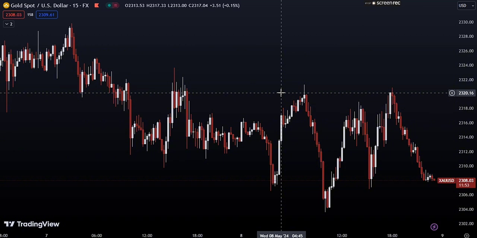What is the price about? What is the price used to do? What is the price's intentions? What is the vision of the price? Not necessarily the mission of the price at that point, but basically the vision of the price.